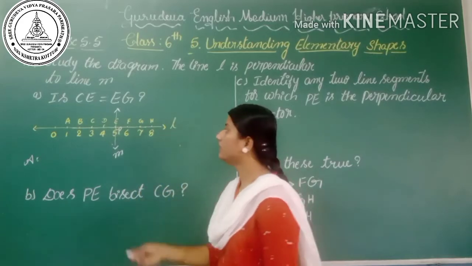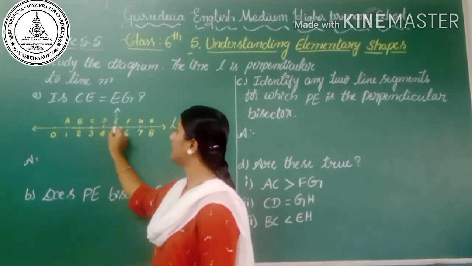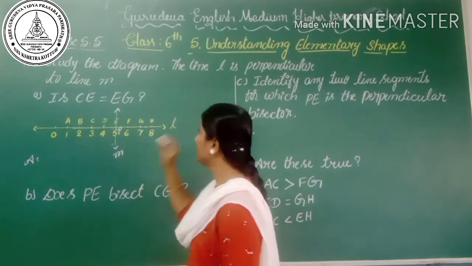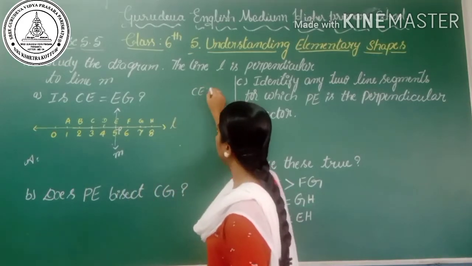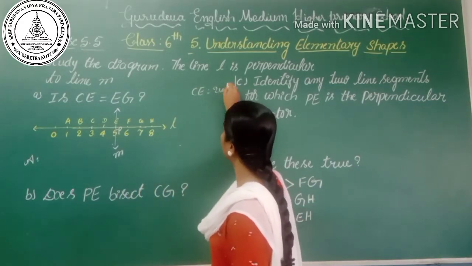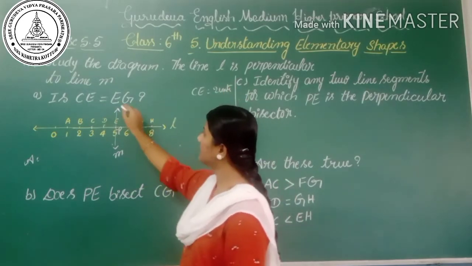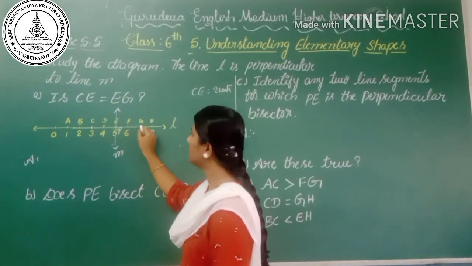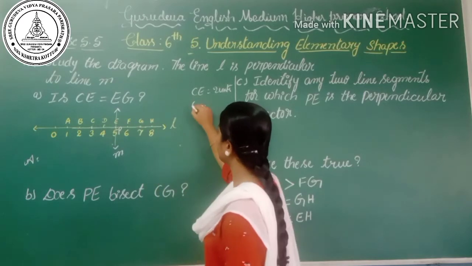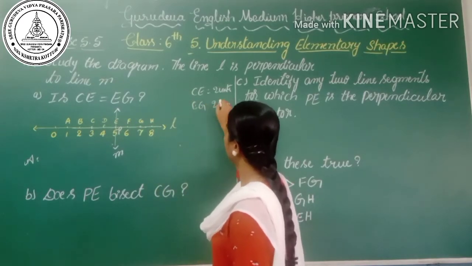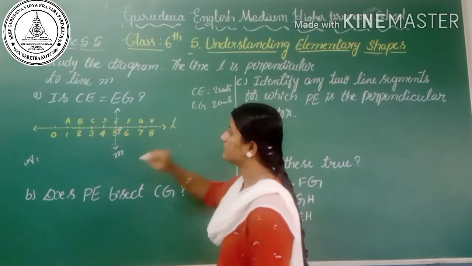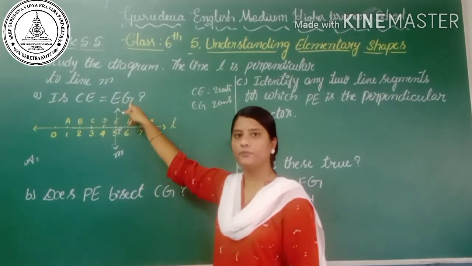Once you see here, the distance between C and E is 2 units. And then the distance between E and G, again it is 2 units. Is CE equal to EG?